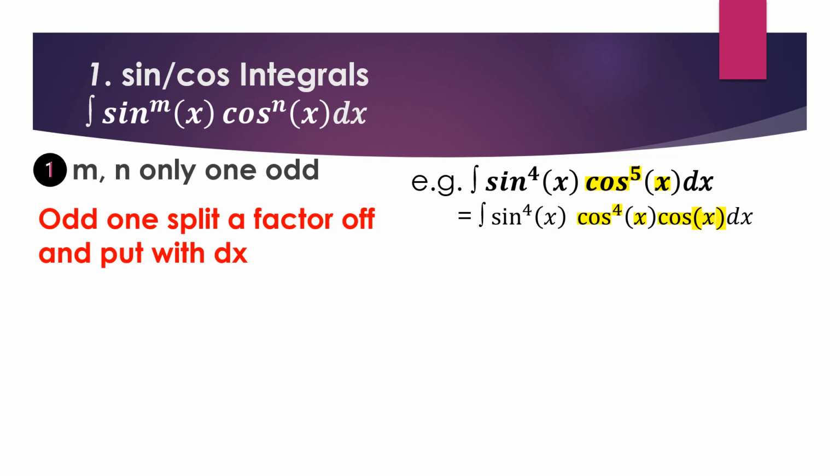Integral of sine to the 4th x cosine to the 5th x dx. There's only one odd number, that's 5. So we will split one cosine x off the cosine to the 5th x, and we will have cosine to the 4th x times cosine x.